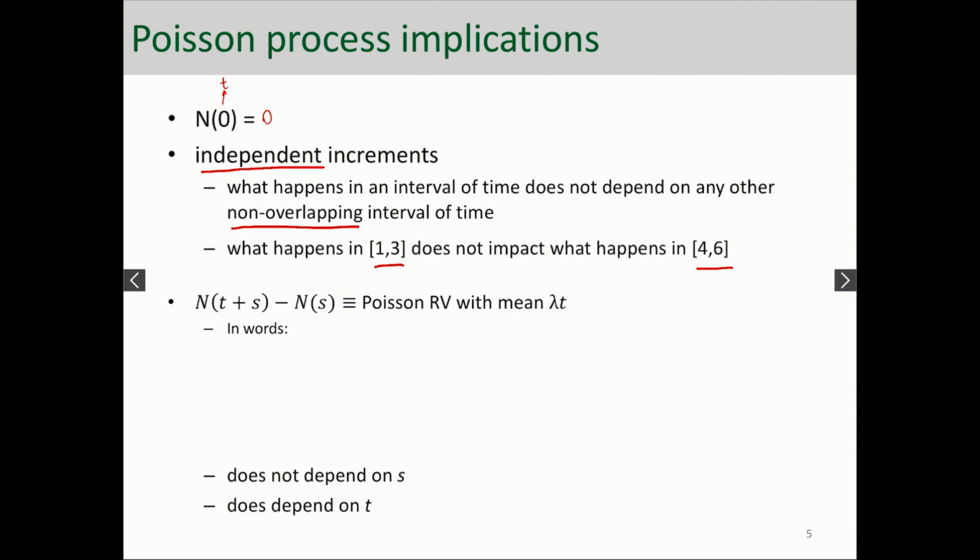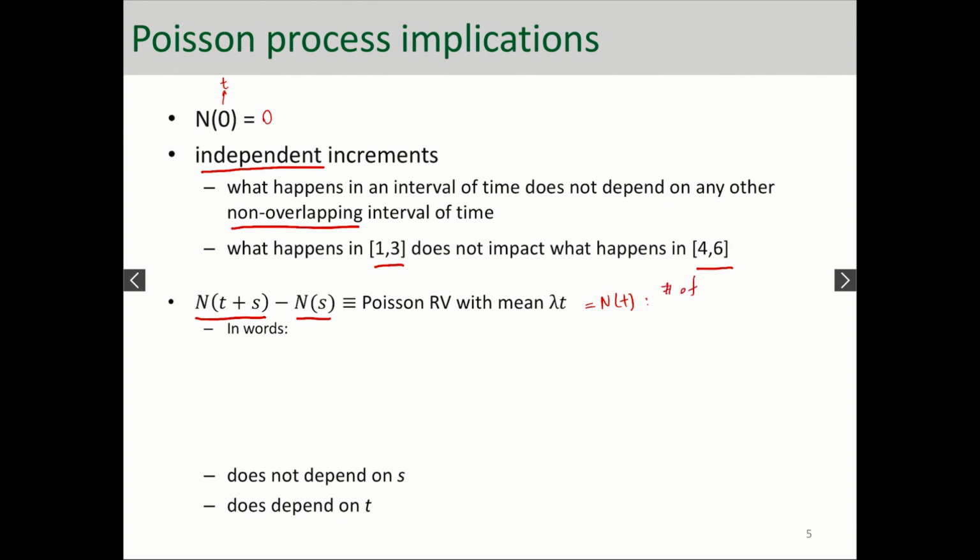If you have the number of arrivals in time t plus s, and you subtract the number of arrivals in a period of time equal to s, what remains is the number of arrivals in time t.